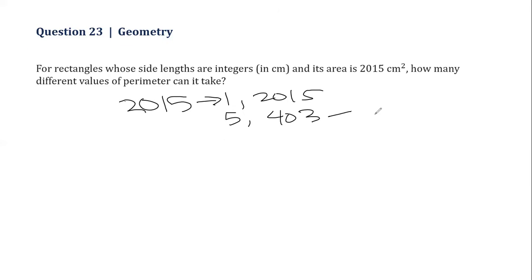So we have more factors here. There's 13 times 5 times 31, which is 2015.